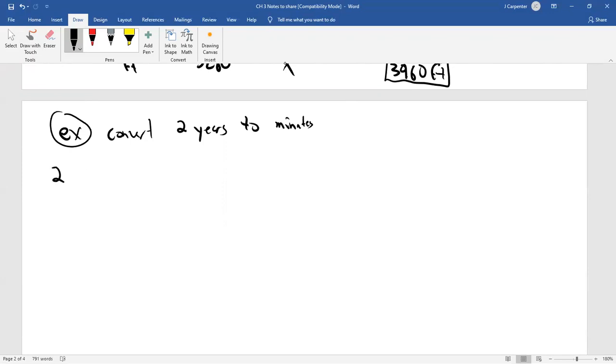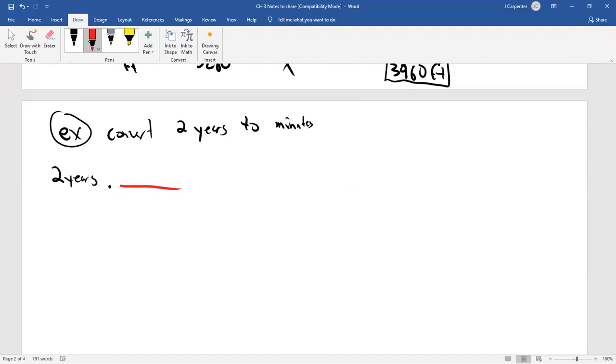So we start out with the 2 years. And then we're going to multiply by a fraction. Now these are the ones I told you that you should have memorized. No excuses. So you might say, well, let's go from years to months, because there's 12 months in a year, and then we can go from months to days, and then from days to hours, and then hours to minutes. Well, here's the problem. We don't know how many months to how many days.